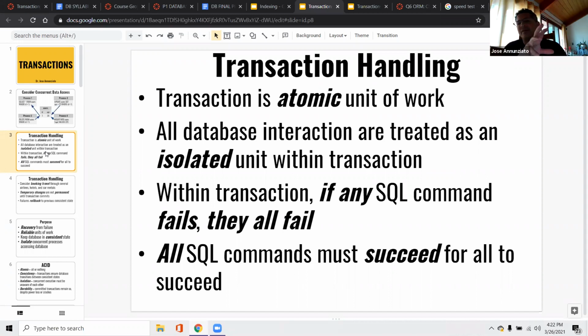For instance, if we are transferring money from one account to the other, we think about that logically as one single thing: you transfer money between account 1 and account 2. But that actually is implemented as 2 different operations, where one account is debited and the other one is credited.